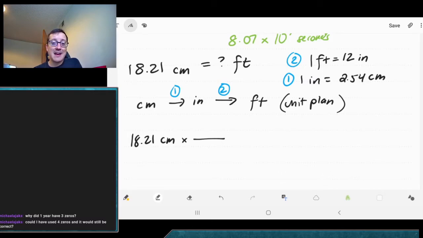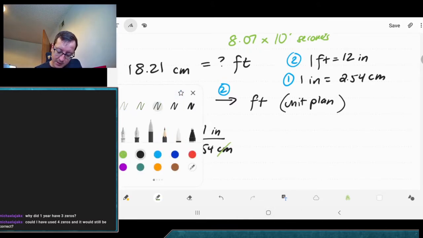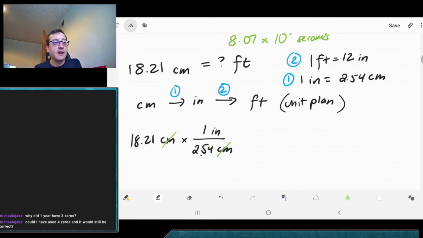We currently have centimeters, which means centimeters is going to need to be canceled out. So we're going to put centimeters in the bottom, and therefore inches in the top, so that we cancel out the unit we do not want. We don't want centimeters in our final answer, so we need to get rid of it by dividing it.